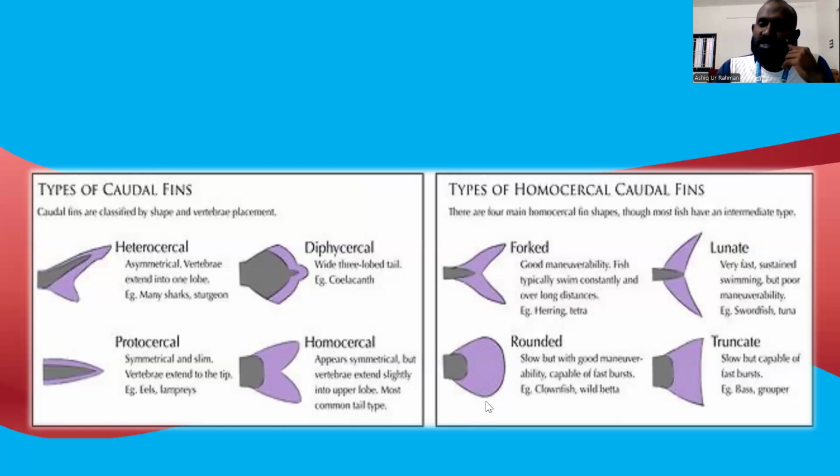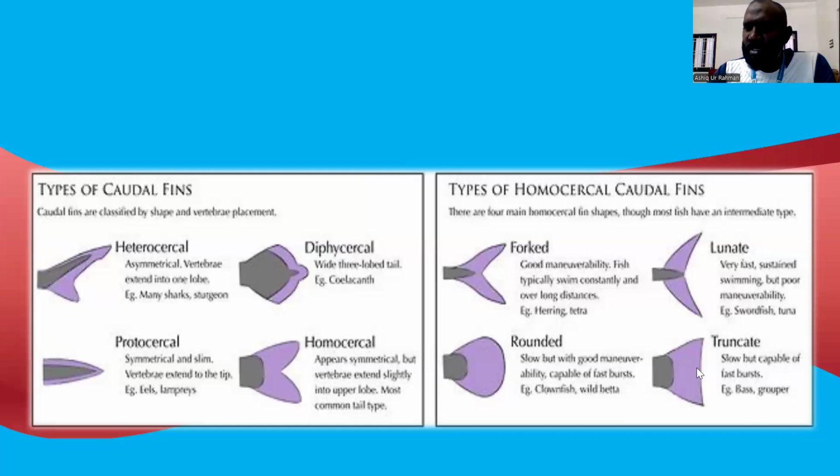We can see from the shapes, rounded tail. And when it is deeply forked, you can see two clear divisions in the tail region, then it is called forked. And the other one is lunate. When it is looking like a crescent, lunar refers to moon, and hence when it looks like a crescent, then it is called lunate.